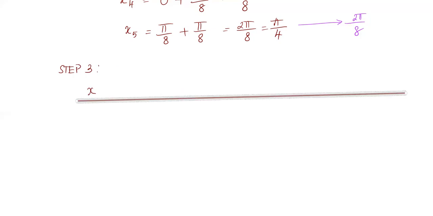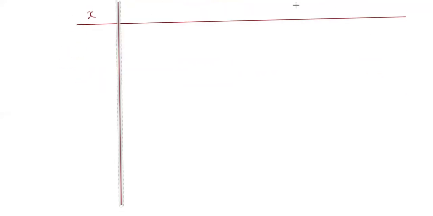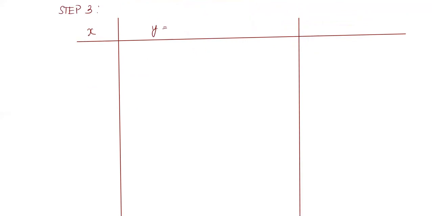Get your table. And write your function, which is y equals half cosine, what was it? 4x plus pi, in parentheses, of course, right? 4x plus pi.